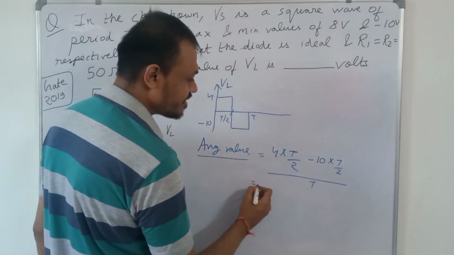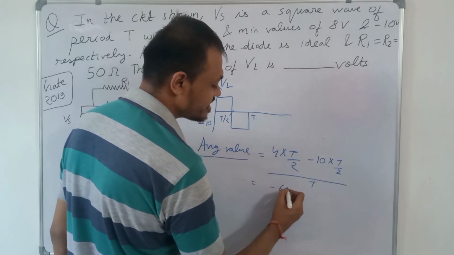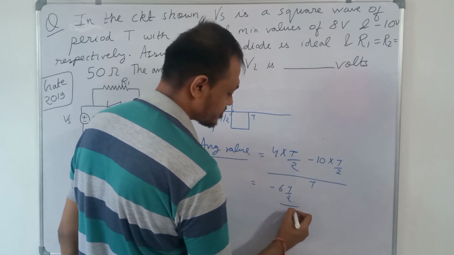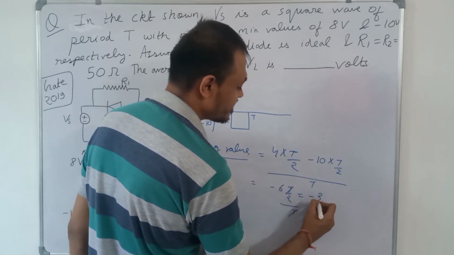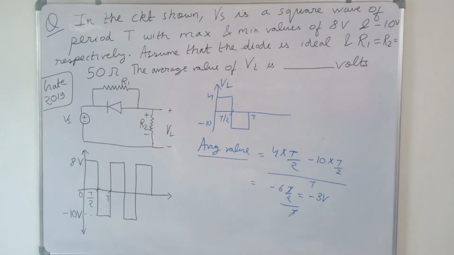So this will be equal to 4T by 2 minus 10T by 2, so minus 6T by 2, and divide by T. So T and T will get cancelled and this will be equal to minus 3 volt. So the average value will be equal to minus 3 volt.